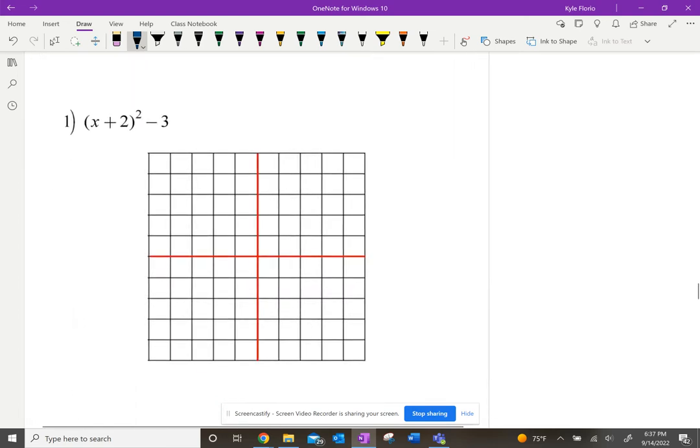All right. So first example, we have (x plus 2) squared minus 3. The parent function here is x squared, so I know that's going to look like a parabola. Now the horizontal translation of plus 2 is going to be 2 units to the right, psych, to the left.